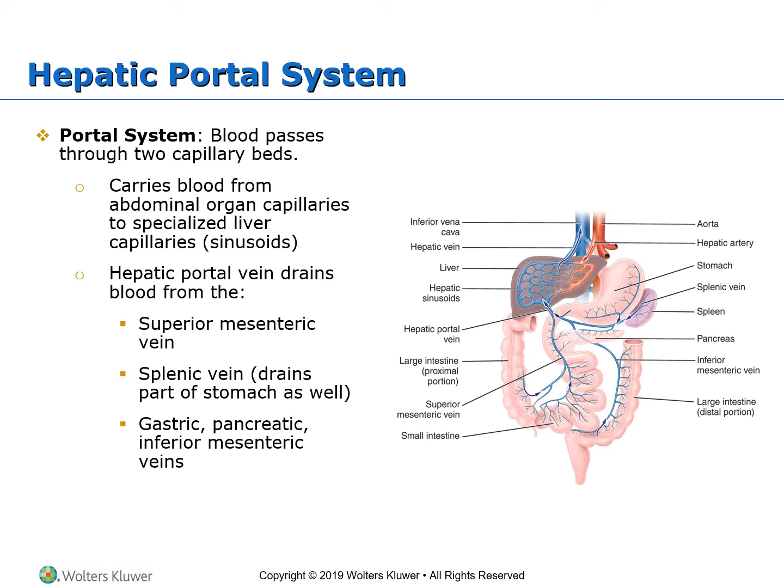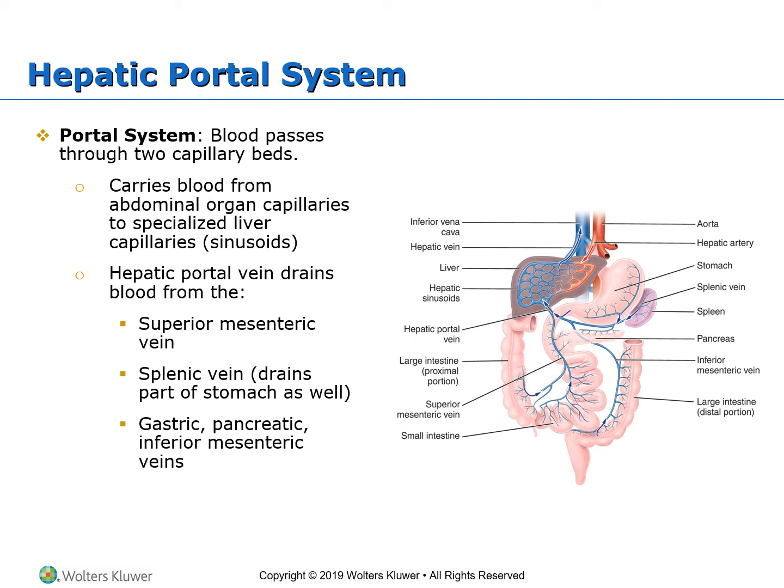Usually in a normal tissue, we'll have arteries, arterioles, capillaries, venules, veins. In a portal system, we have a first level of capillary structures that will become veins, and instead of draining into one of the cavas, will become again a structure of capillaries.